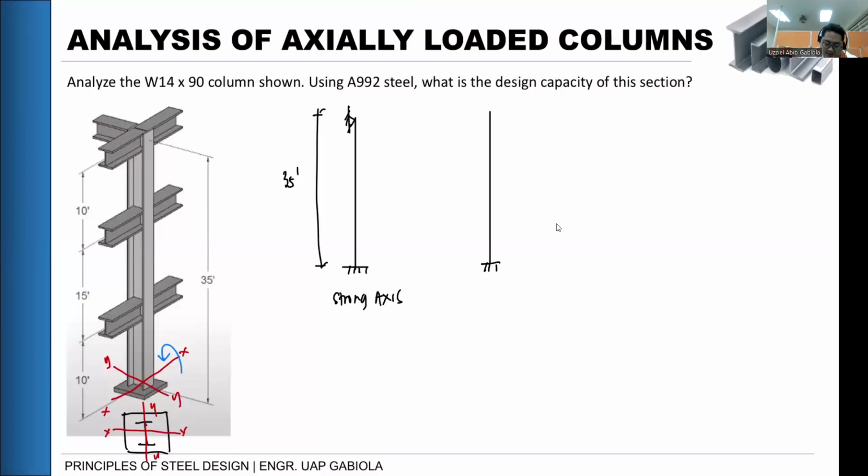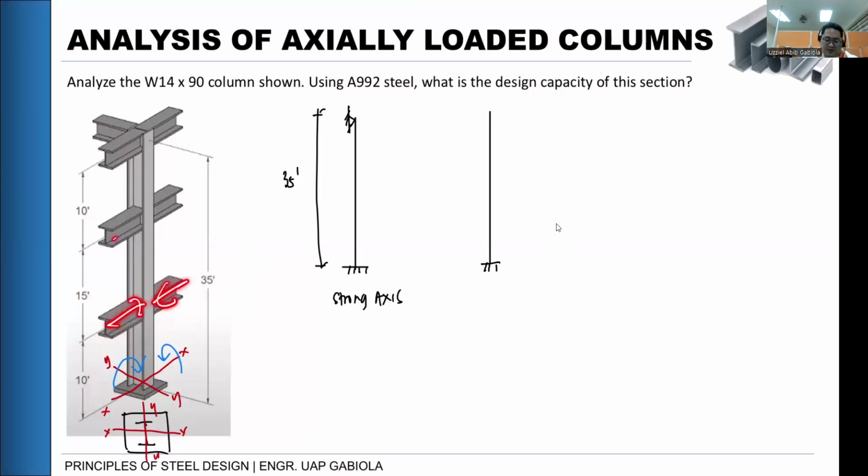So ibig sabihin ang rotation naman natin pag ganito, okay? So ibig sabihin yung moment natin pag ganito yung sway ng column natin. So kung papansinin mo ano yung mga nakatukod ngayon. So for every level meron siya nakatukod dito.